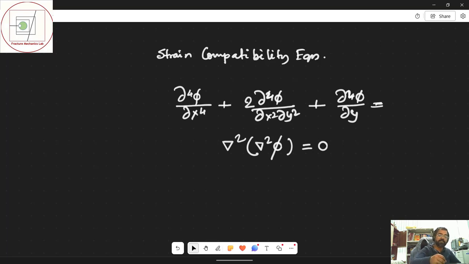This is called the biharmonic equation. If a function follows this, it is called a biharmonic function.